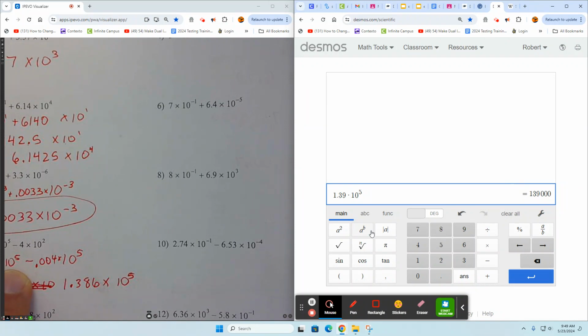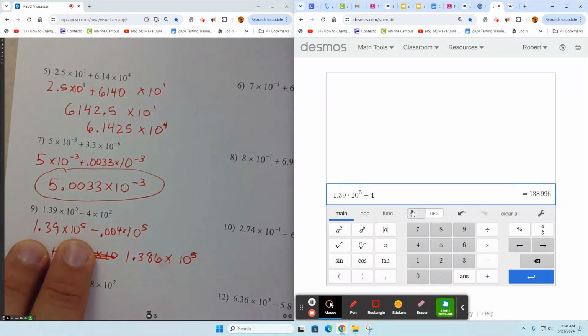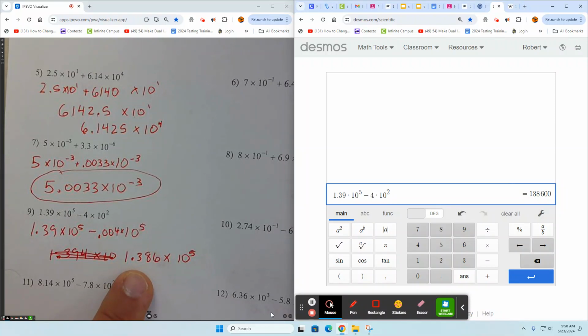I don't think so. It automatically gives you the form it thinks it wants to give you. So you need to be able to interpret it. Here, it's giving me in standard form minus 4 times 10 to the 2nd. And we said the answer was 3.86 times 10 to the 5th, and that's the answer that they gave us, just not in scientific notation.